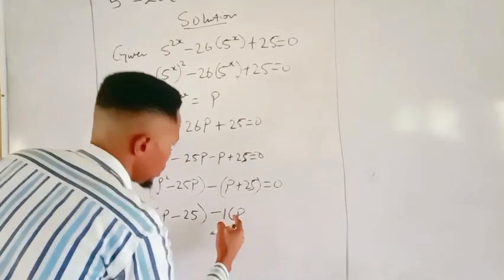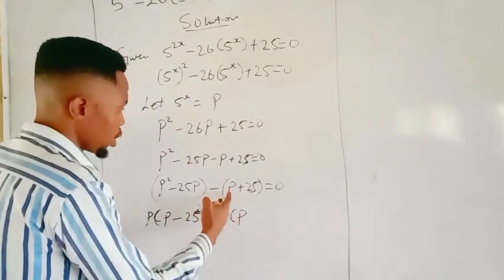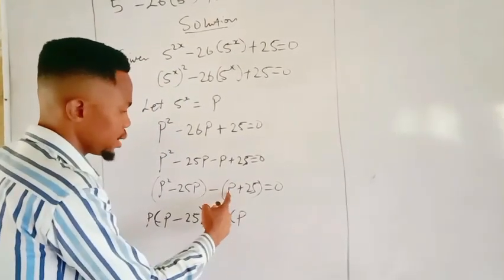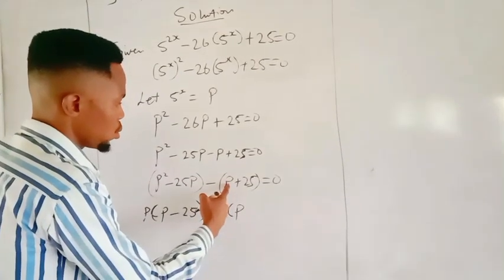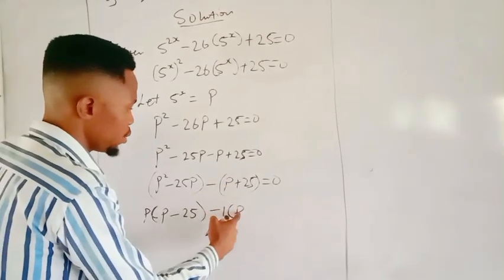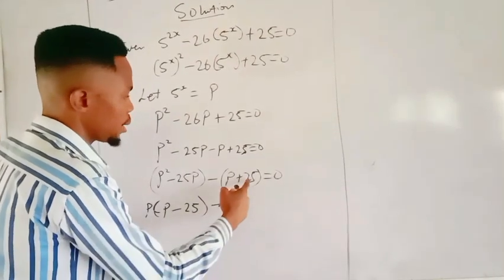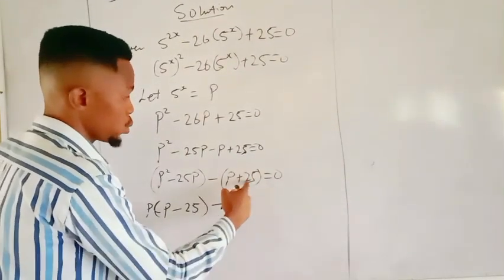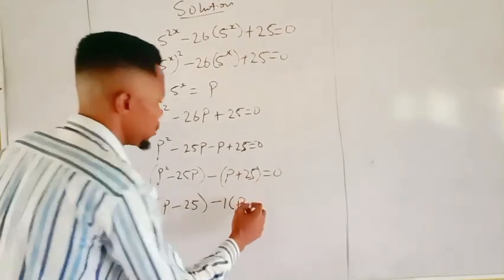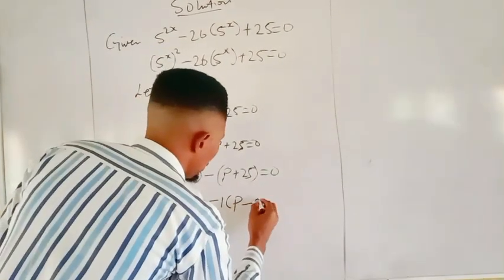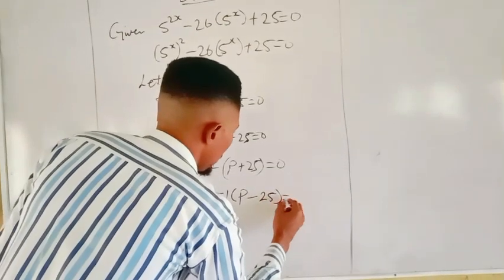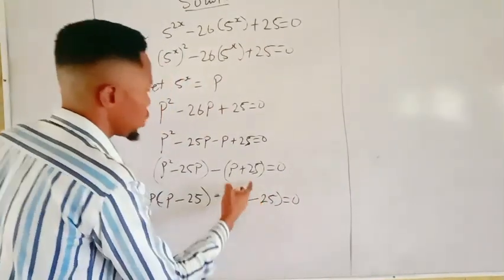If you take out 1 from here, what will remain is p. Minus 1 going to p gives minus p, then minus 1 times minus 25 gives you plus 25. Now if you multiply this out, you get back this.